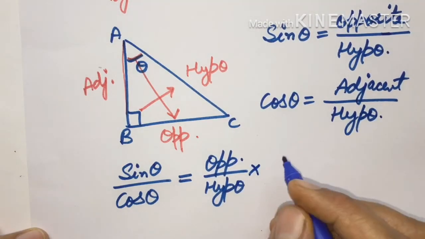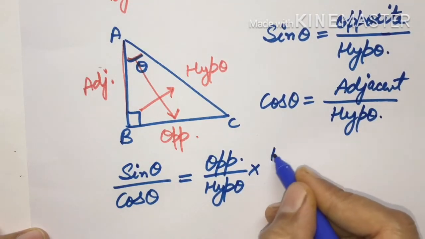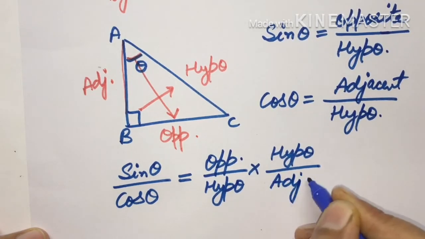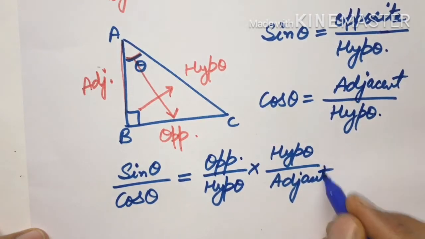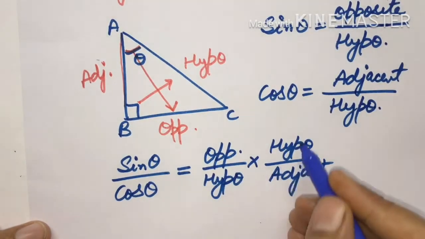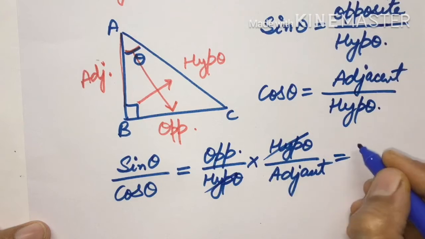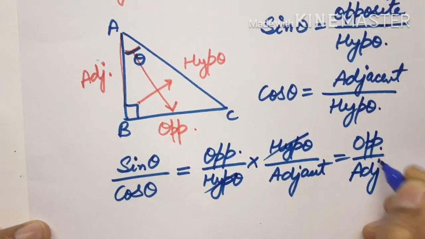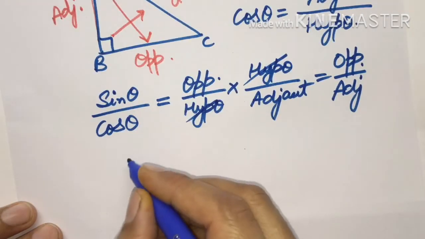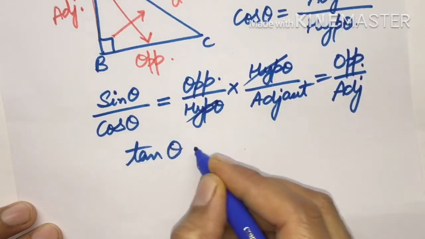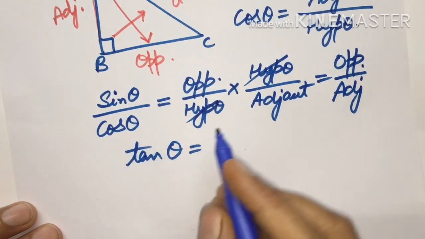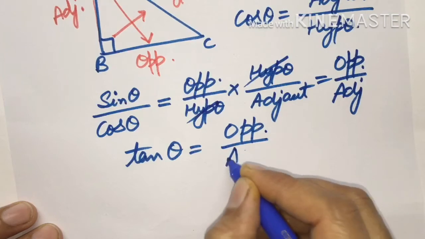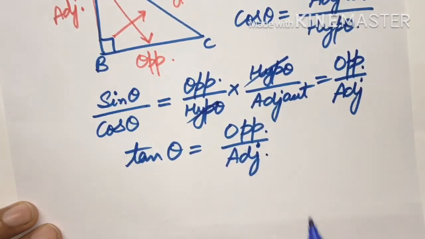When it goes up, the reciprocal is hypo upon adjacent. So hypo upon hypo, we can cancel this. What are we getting? Opposite upon adjacent. So this is tangent. Sine upon cos is tangent. So the value of tangent is opposite upon adjacent.